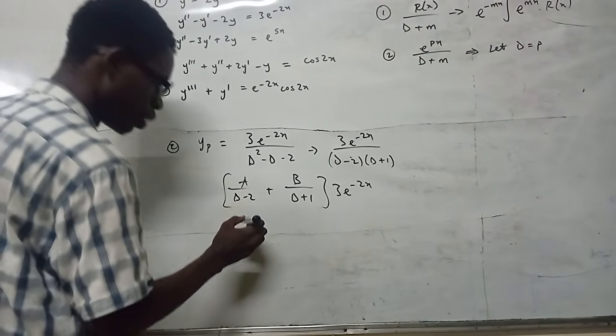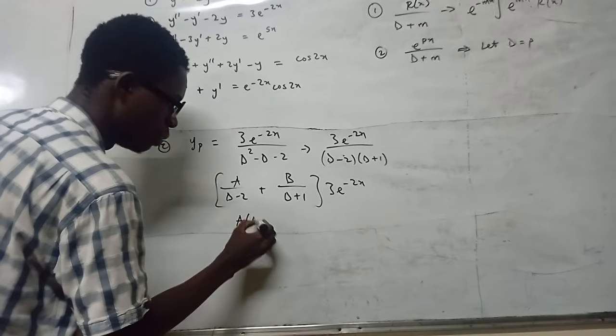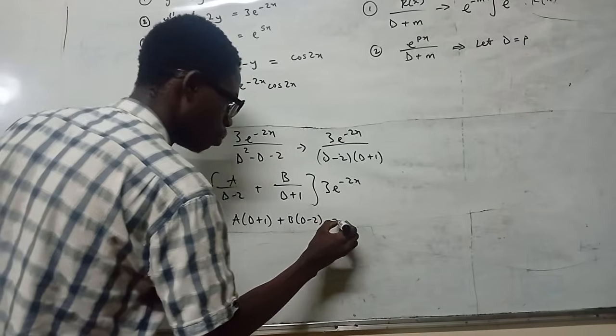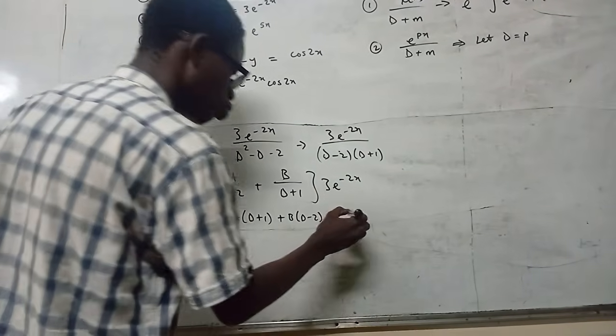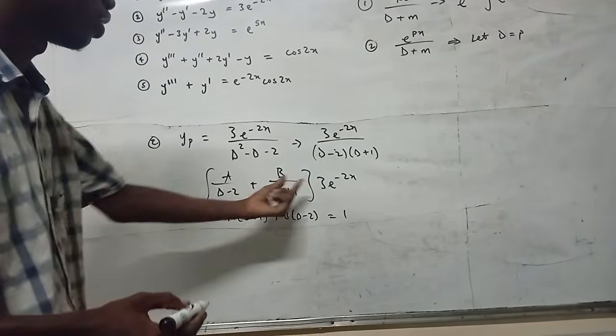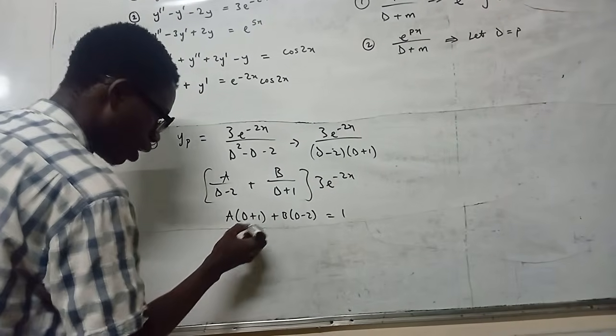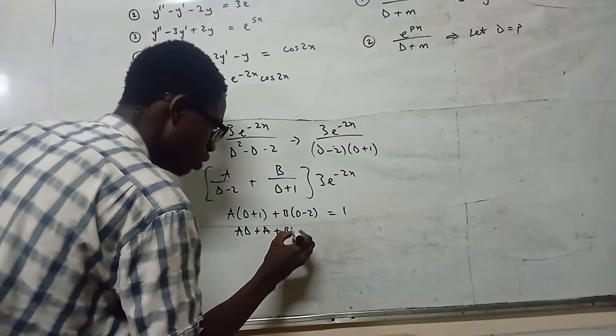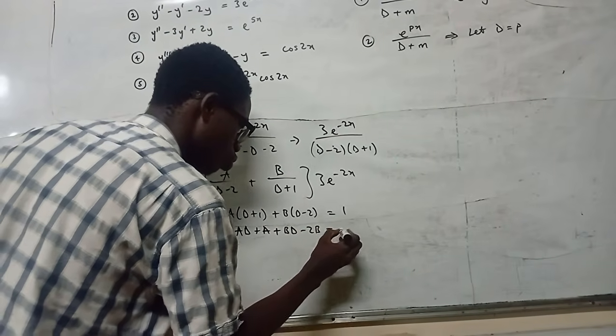So solving this, we are going to have A into bracket D plus 1 plus B into bracket D minus 2 must be equal to 1, since I've factorized this out. So I have AD plus A plus BD minus 2B equals 1.